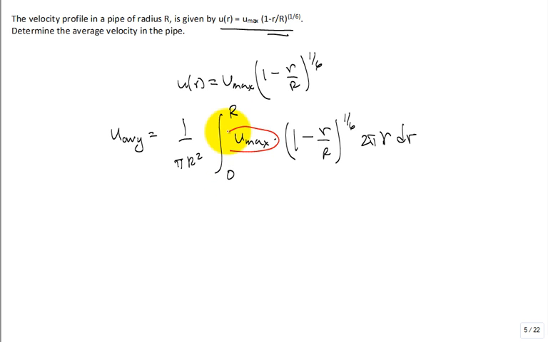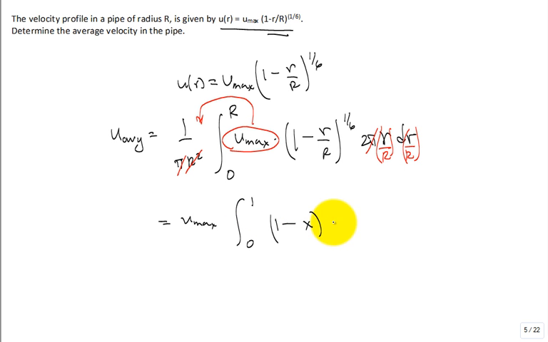Take u max outside that integral, cancel the pi's, bring the r squared underneath, and change a variable from lowercase r over cap R to x. So it's equal to u max times the integral from 0 to 1 of (1 minus x) to the 1/6 times 2x dx.